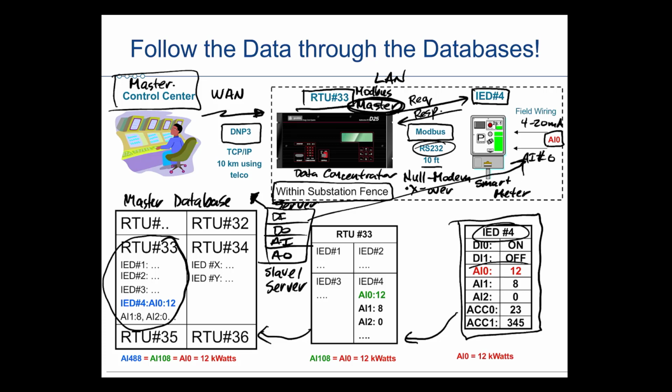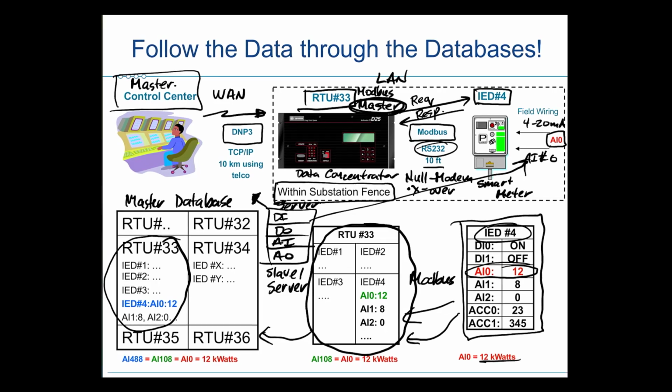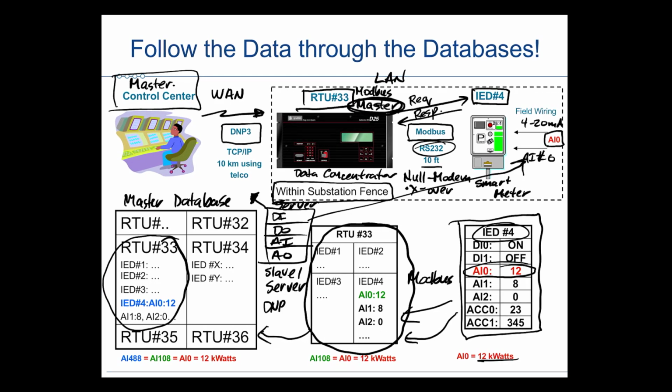What's the data we're moving? Analog input at location 0, in this case I guess 12 kilowatts, is being transferred using Modbus through to the RTU33 on site at the substation. This is now the RTU's server database, which is served up to the wide area network using DNP3.